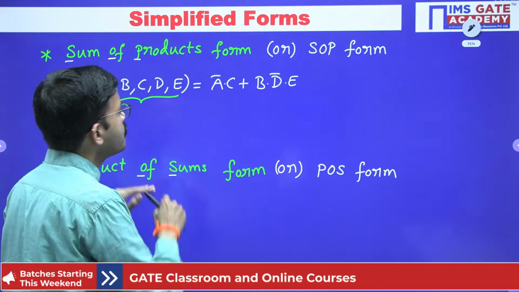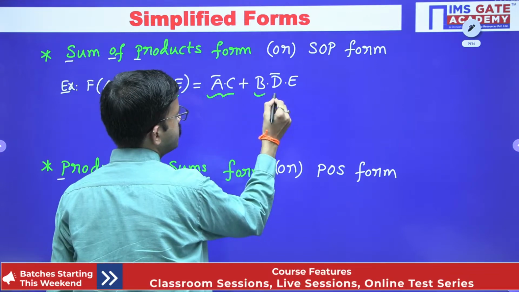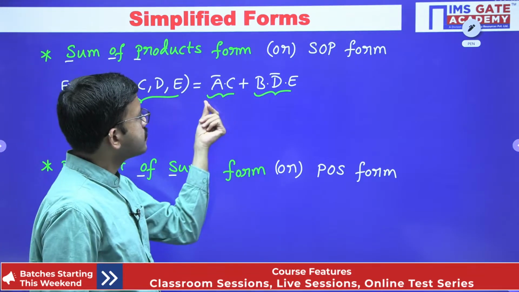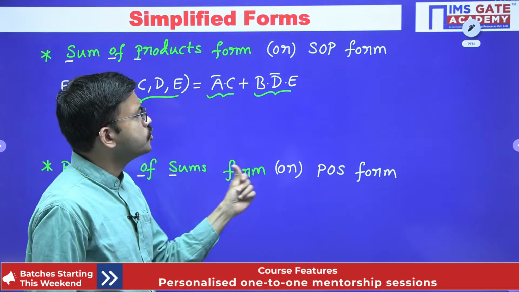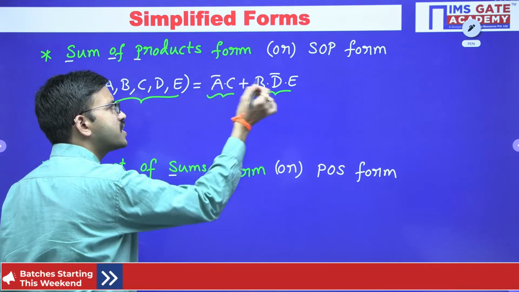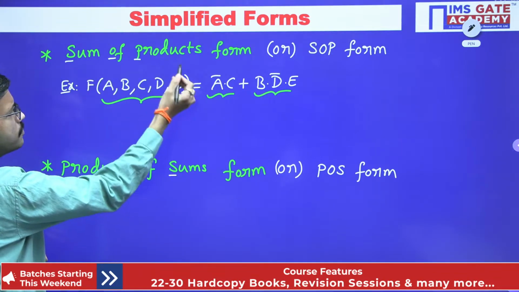Now after doing the simplification, we got 2 product terms. In each product term, observe how many literals you have. Here the number of literals is 2, and here it is 3. So the number of literals in these product terms is less compared to the total number of variables.